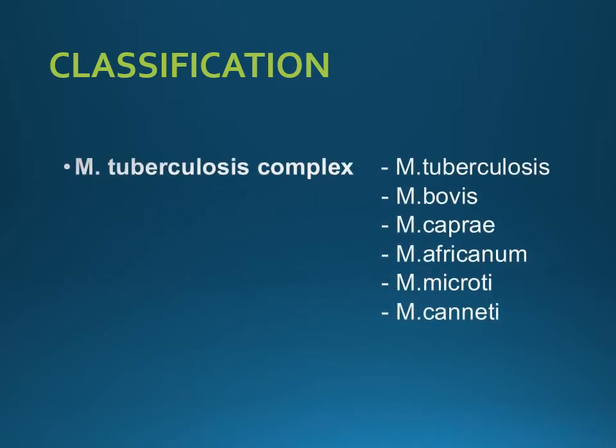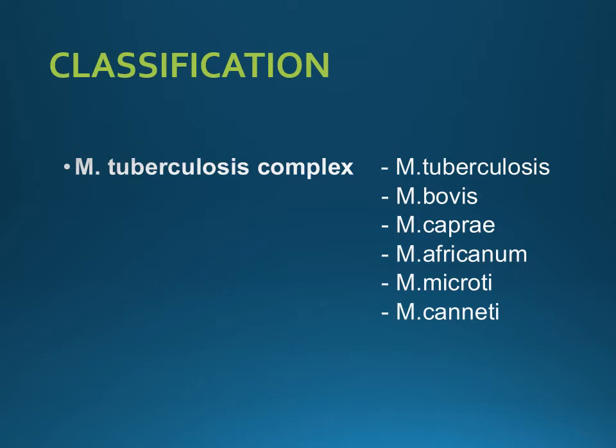Now when we classify Mycobacterium tuberculosis, one complex is responsible for causing TB disease. Among that, the most important is Mycobacterium tuberculosis, which causes the disease only in humans and is the most common causative agent for tuberculosis.